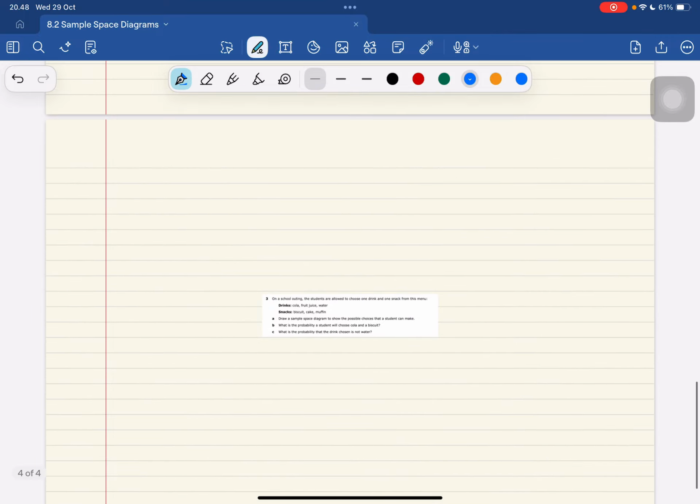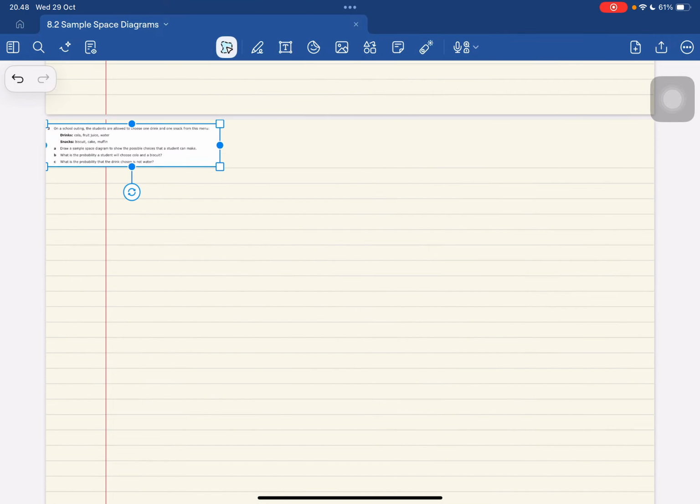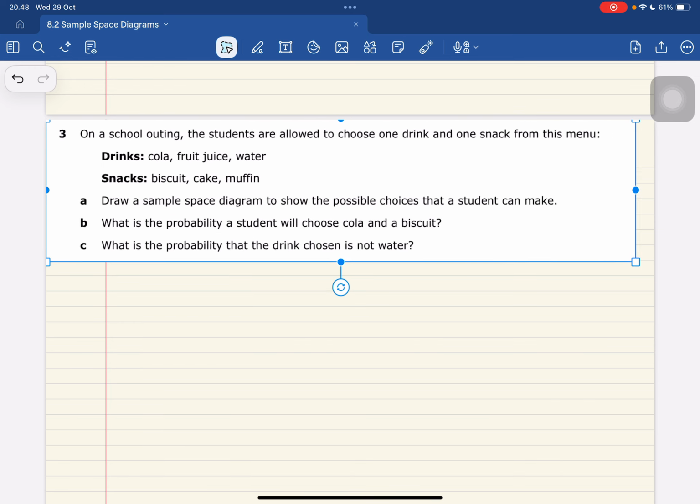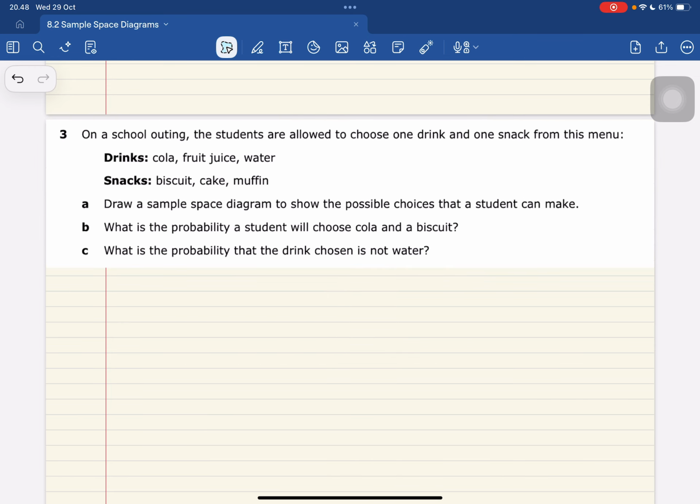Okay, for number 3, let me make it bigger. On a school outing, the students are allowed to choose one drink and one snack from this menu. The drinks will be cola, fruit juice, and water. The snacks will be biscuit, cake, and muffin.